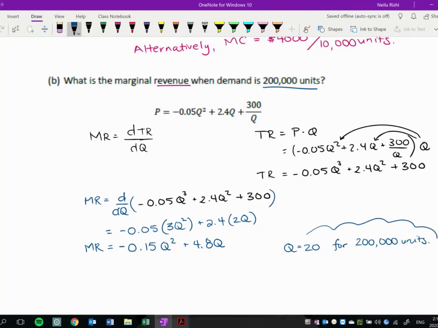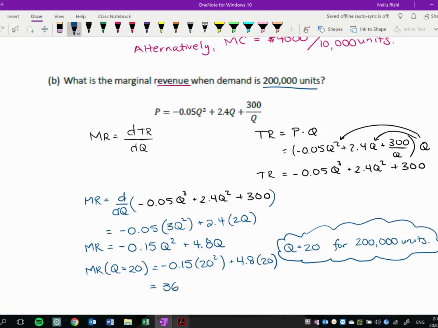So remember that. Marginal revenue when Q is equal to 20 is going to be equal to negative 0.15 times 20 squared plus 4.8 times 20. And this works out to 36.